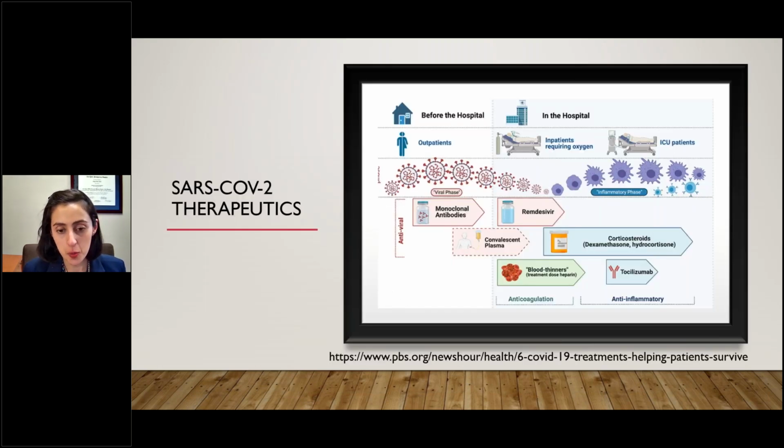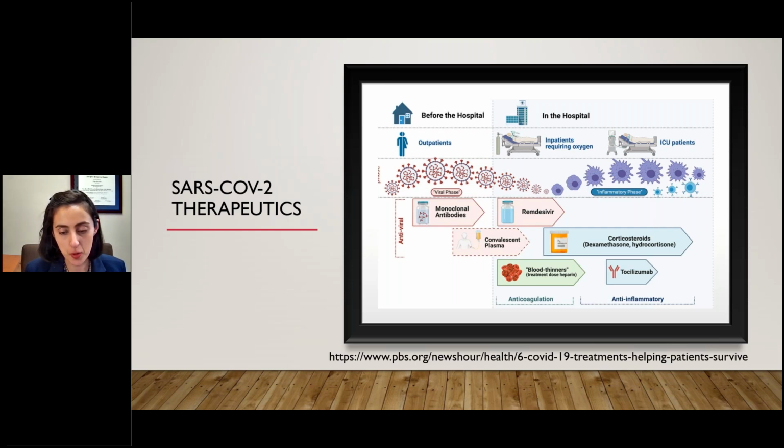Okay. So what I do in the hospital, my role at Montefiore Medical Center, is that part of what I do for COVID is that I help to oversee a monoclonal antibody treatment program.